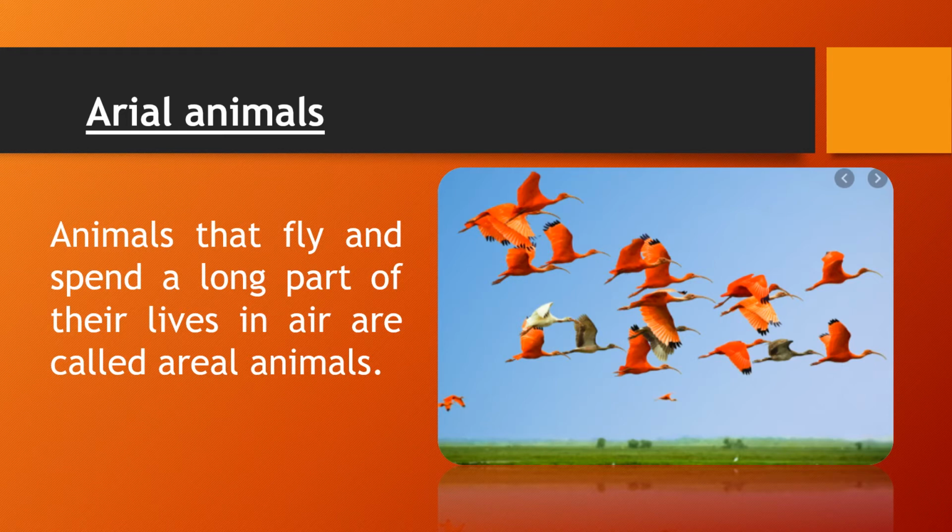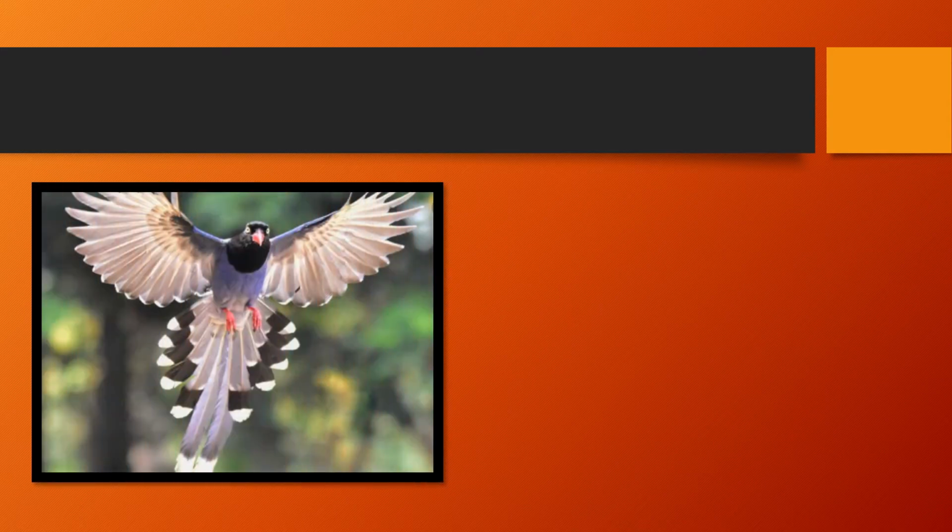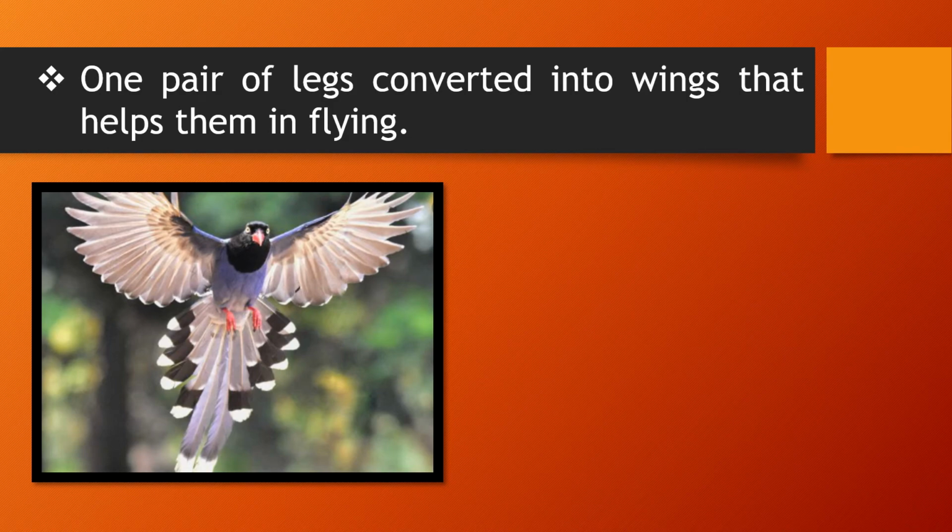These animals have some special body features that help them to live in air. You know why birds can fly but we cannot? Yes, birds have wings that help them in flying. One pair of legs converted into wings that help them in flying.